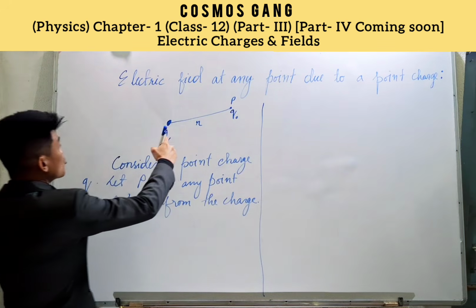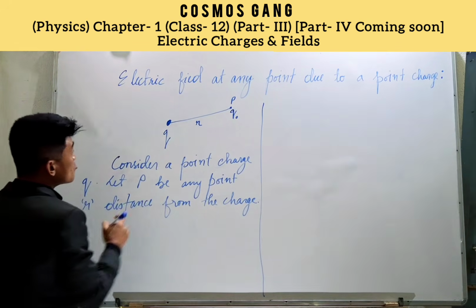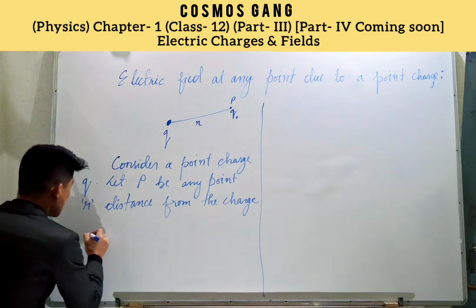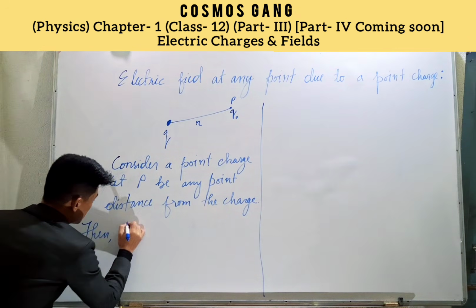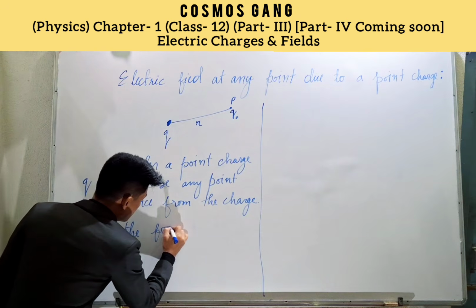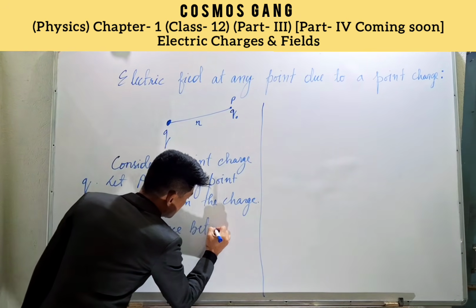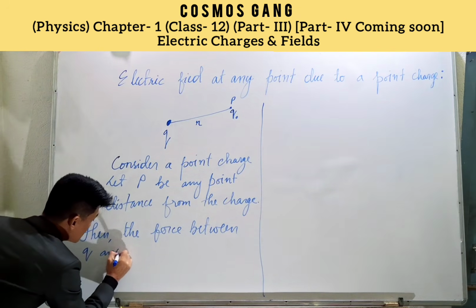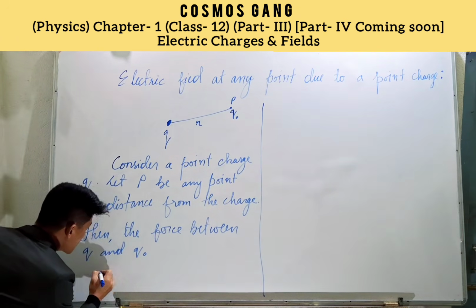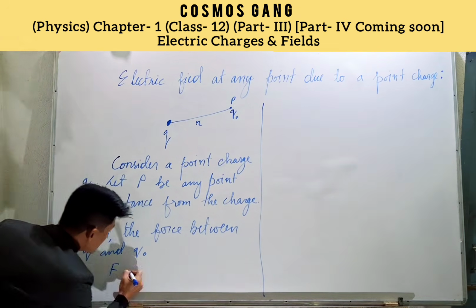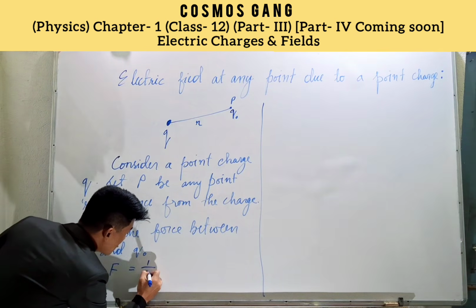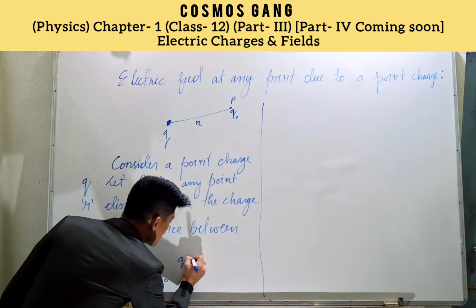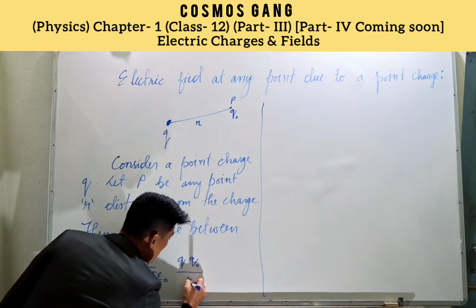Then the force between the two charges, Q and Q naught, according to Coulomb's law, is given by F equals 1 by 4 pi epsilon naught, Q Q naught divided by r squared.